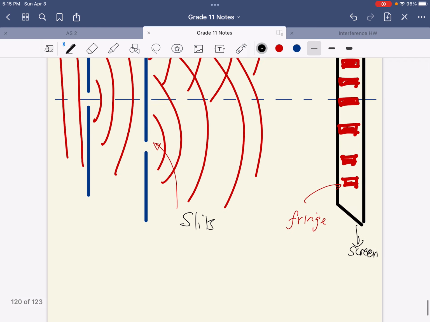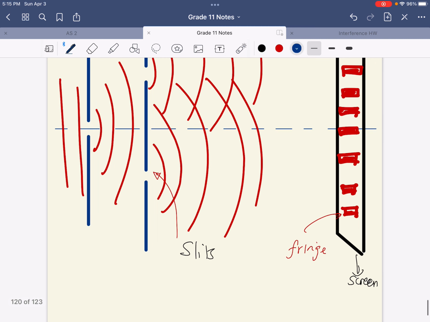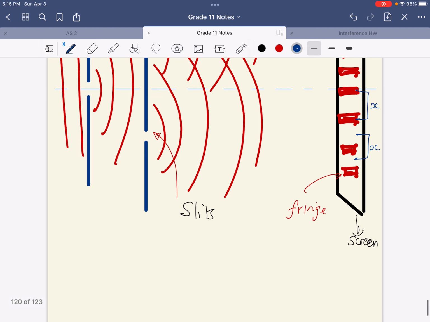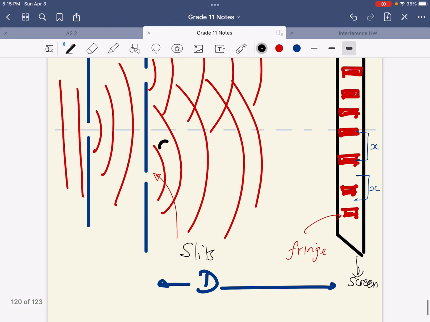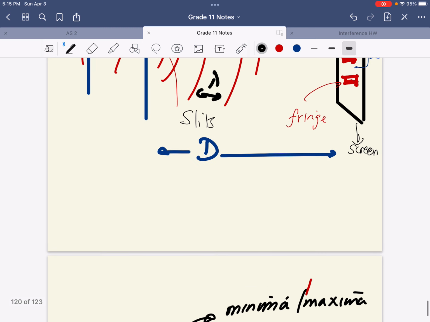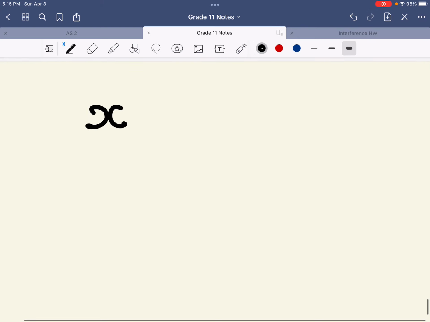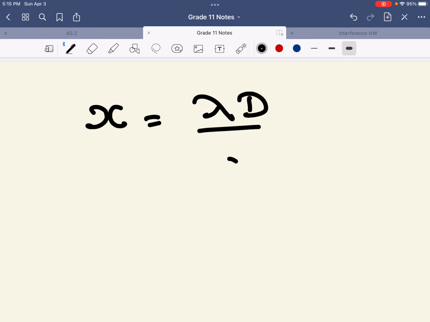The first thing we have to understand is the relationship between these. This is a bright fringe to bright fringe distance, or dark to dark, and that depends on the distance from the slits to the screen, the gap between the two slits, and the wavelength. These four are interconnected. What is the connection? I will write it here. The equation is x equals lambda D over d.